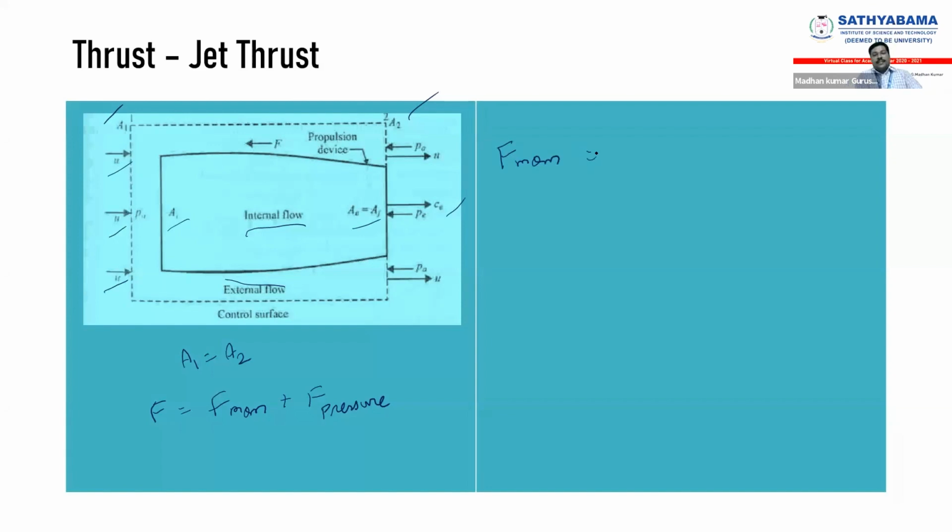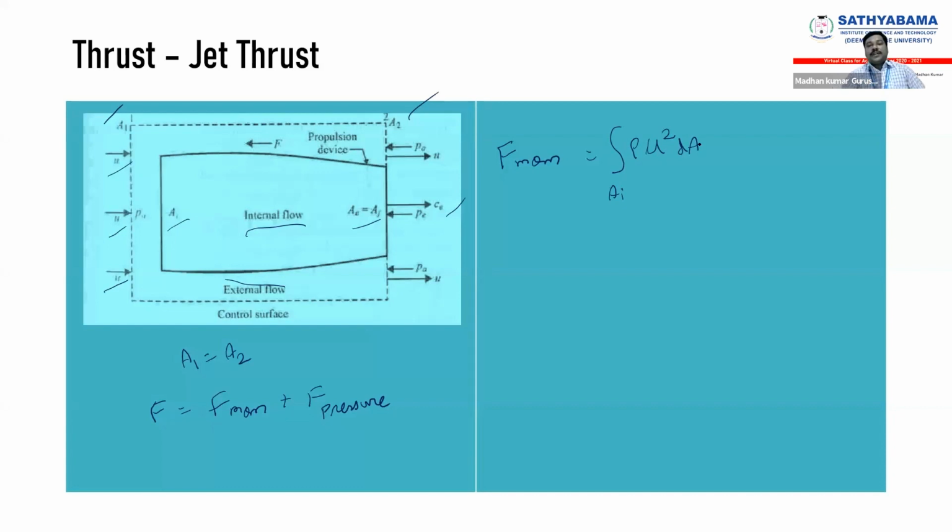First of all I'm going to consider the inlet area. So the integral over AI, and then we have the density rho, and your inlet velocity is u. So that is rho u square dA, right?